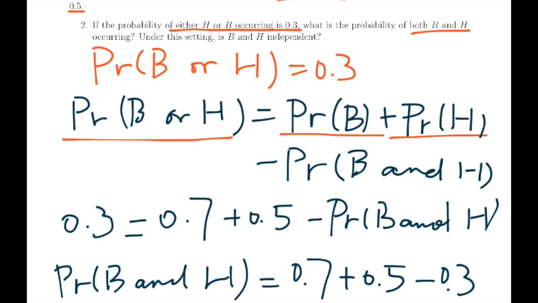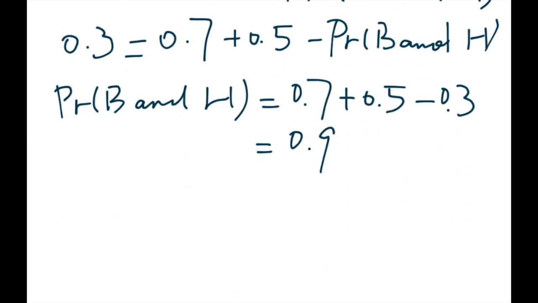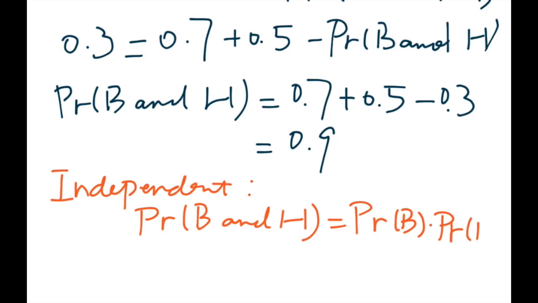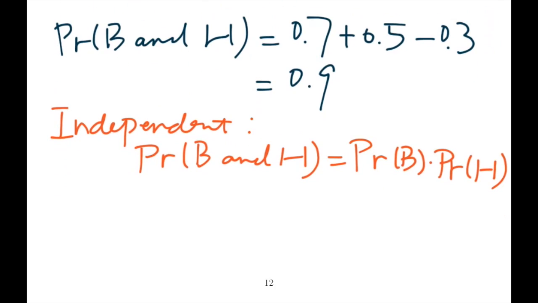Alright, after we find the probability of both B and H occurring, we want to see under this setting whether B and H are independent or not. Okay, so remember, if B and H are independent, that means the probability of B and H is equal to the product of the probability of B and the probability of H.